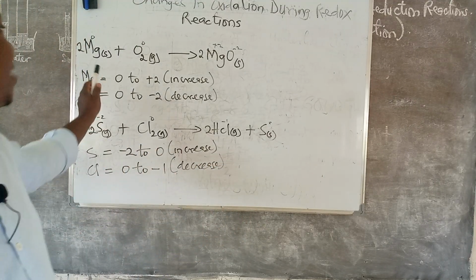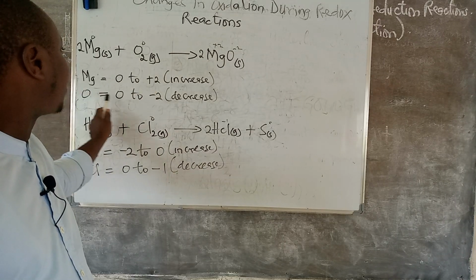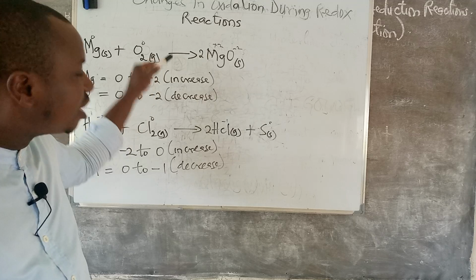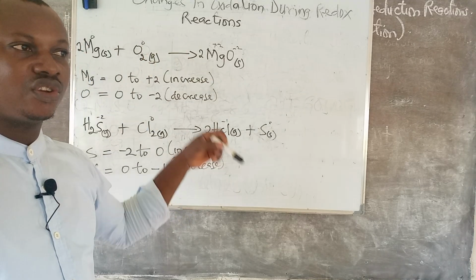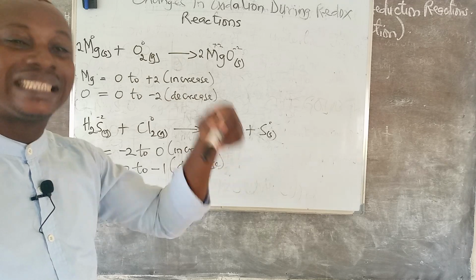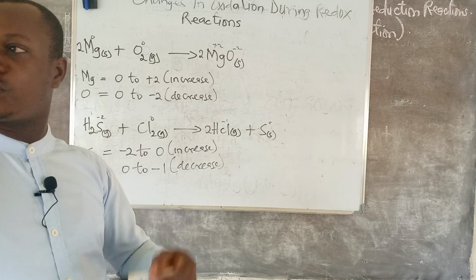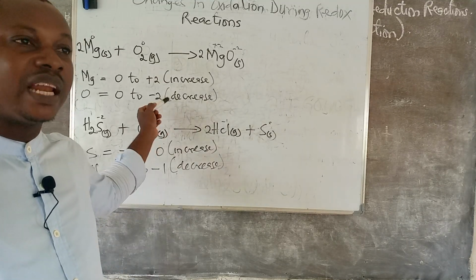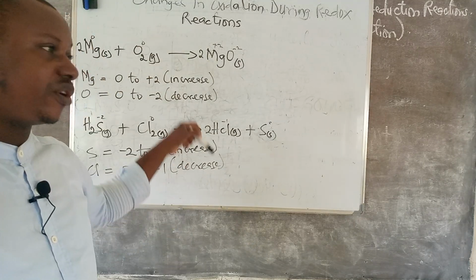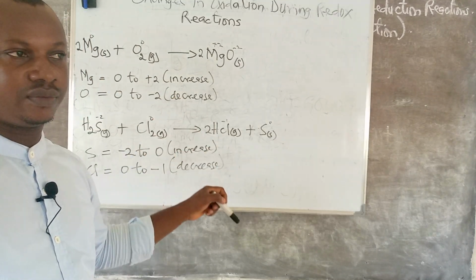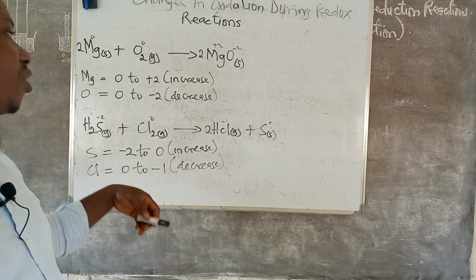For example, had magnesium changed from 0 to 0 and oxygen from 0 to 0, this could not have been a redox reaction, because changes in oxidation number determine a redox reaction. So in as much as there are changes in oxidation number of the respective elements reacting, these two examples are redox reactions.